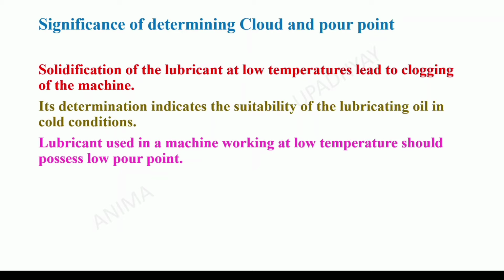Lubricant used in a machine working at low temperature should possess a low pour point and a low cloud point. That is, the temperature at which the machine works is very low, but it's the lubricant which is applied to the machine, so its pour point and cloud point should be lower than the working temperatures of the machine.